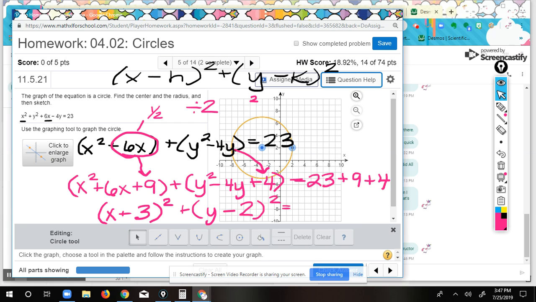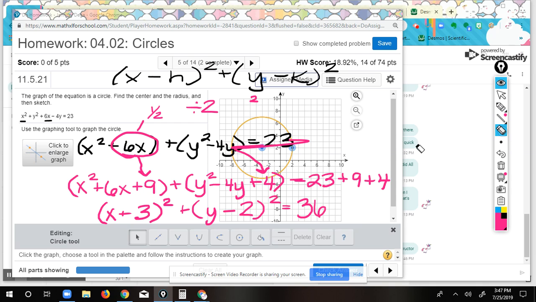We completed the square for our quadratics, and then we factored it into a perfect square, and then we added this other side here, so that is 36. So this is what you want to graph.